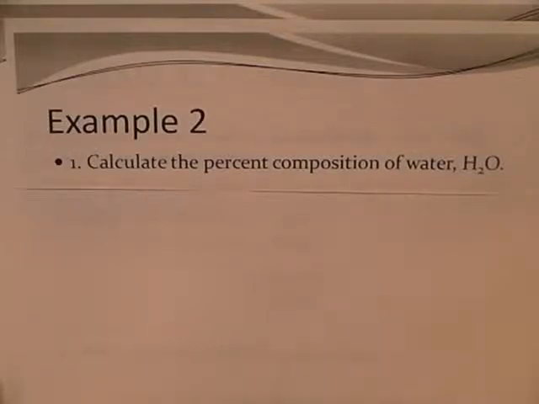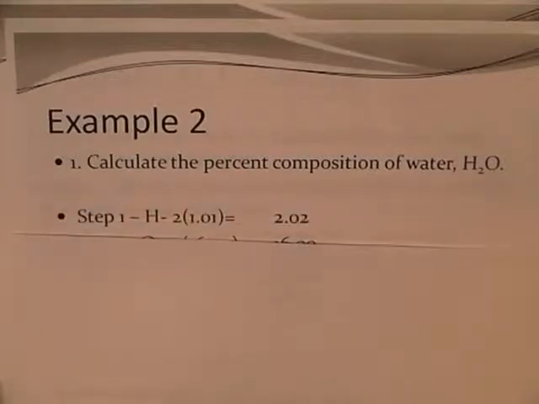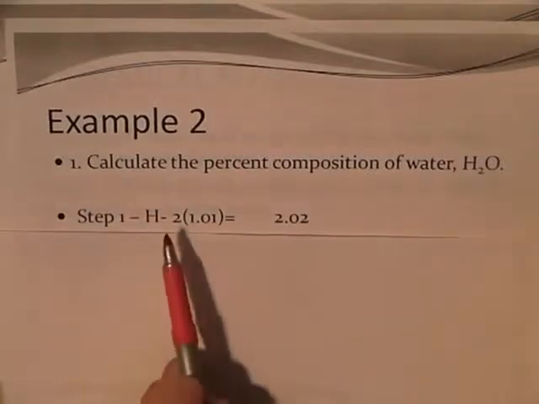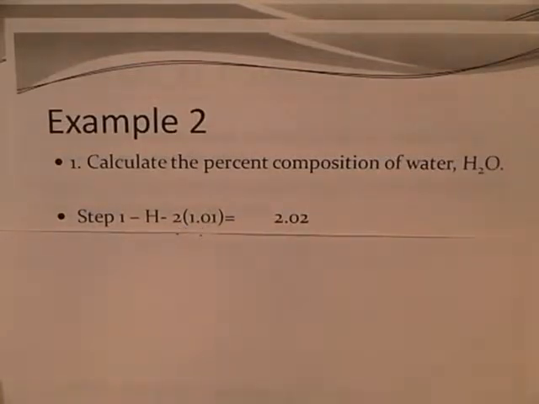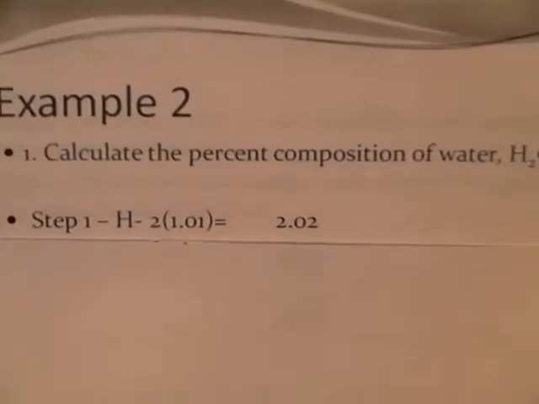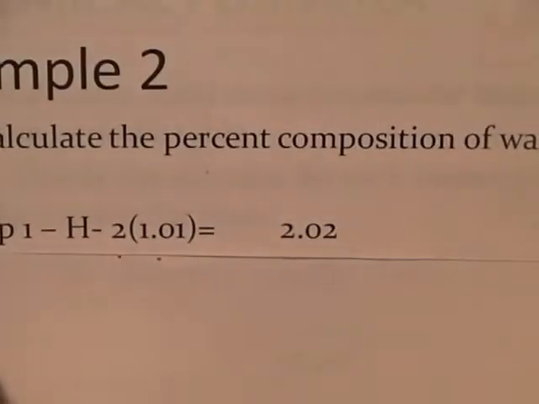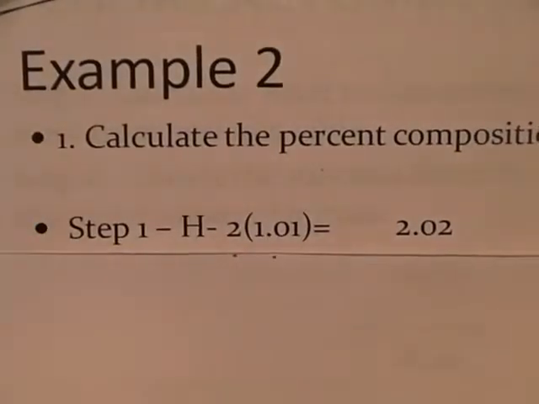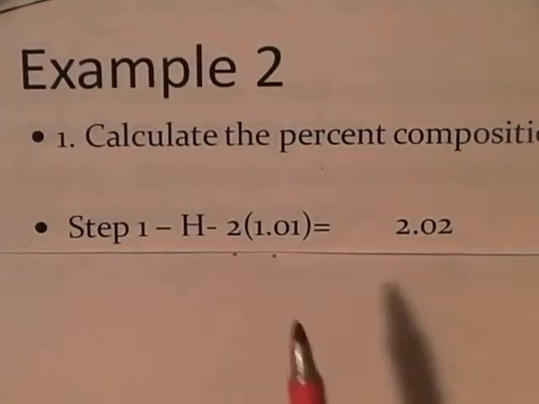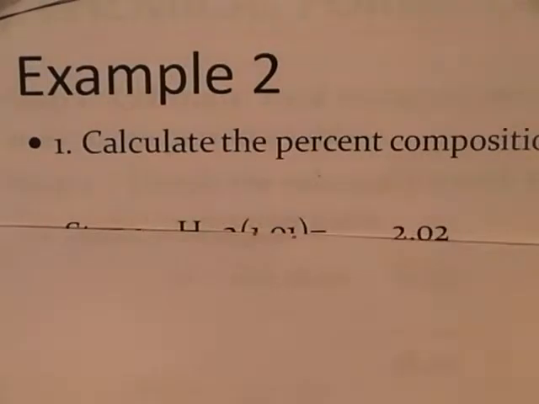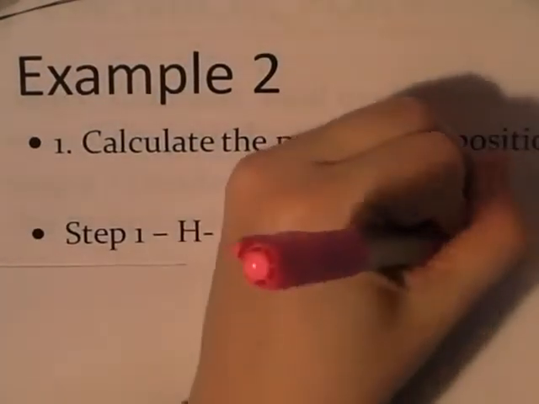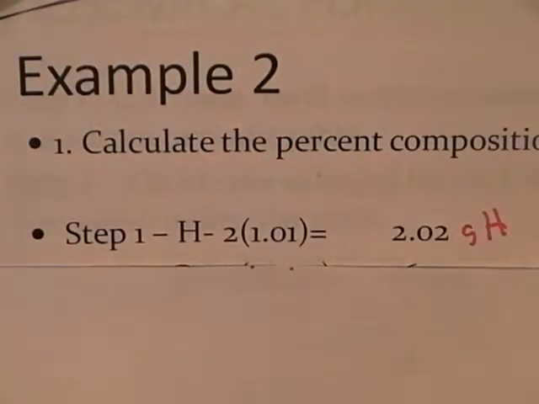So if we're going to do that, we know that we have 2 hydrogen, and the mass of each hydrogen is 1.01. Let me zoom in on that a little. Okay. So 2 times 1.01, you get 2.02, and that is grams of hydrogen.